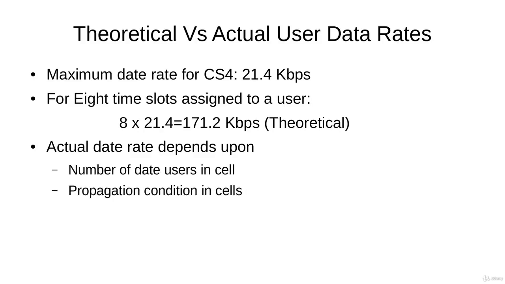Also propagation conditions in a cell: if you are in an environment where there is too much signal power decrease because of buildings etc., in that case there is a possibility that you would not use CS4, you will use CS2, CS1 or CS3, and obviously as the distance from the BTS increases, you go from CS4 to CS3, then to CS2 and then to CS1. So this is the basic principle of how we are able to achieve higher data rates in the case of the GPRS network.